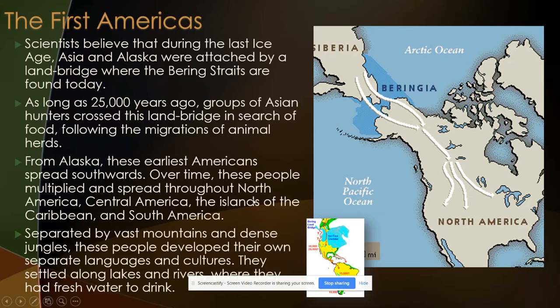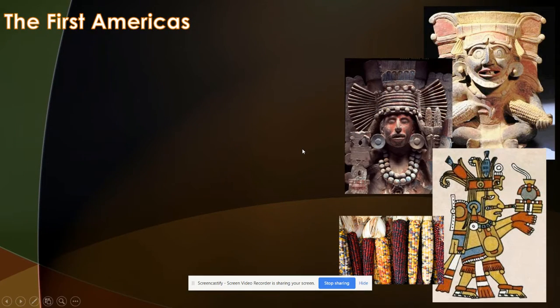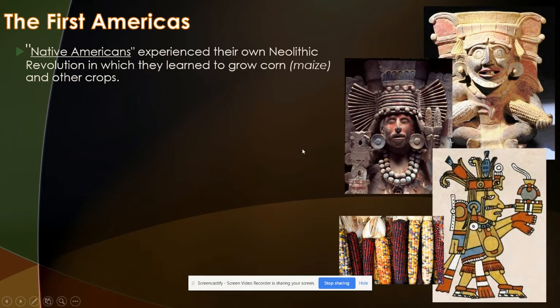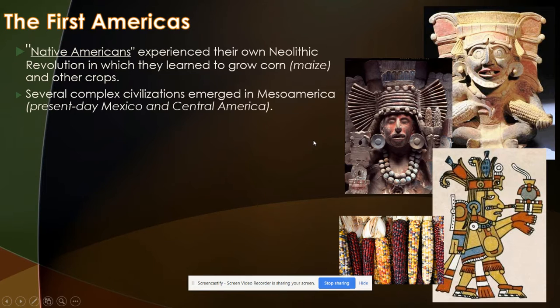They settled along lakes and rivers where they had fresh water to drink, a lot like the early river valley civilizations that we talked about. Native Americans experienced their own Neolithic revolution, learning how to farm and raise crops. Their crop was different though. They learned how to grow corn and other crops, but corn would be the main one.